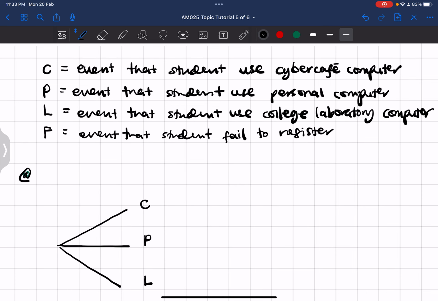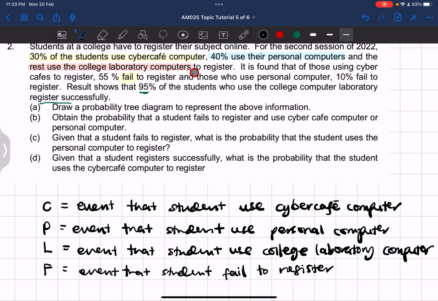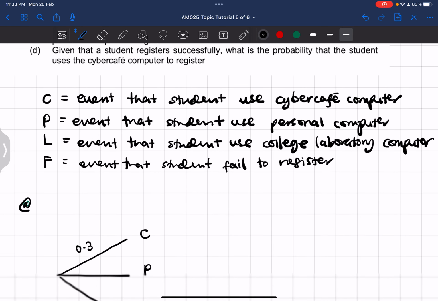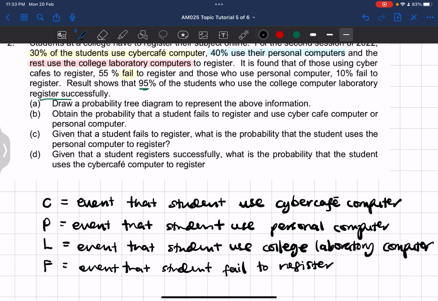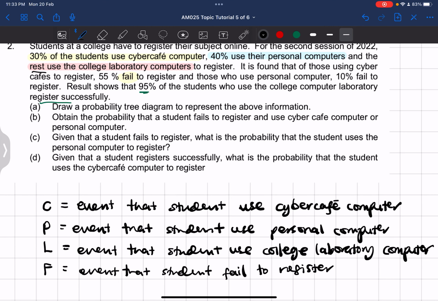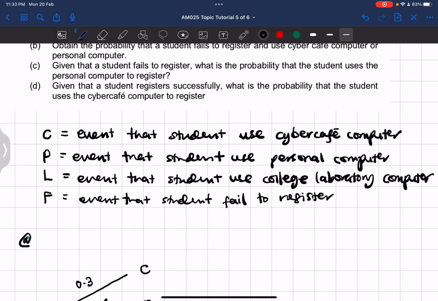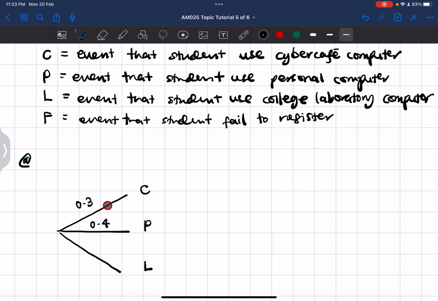So 30%, let's write down as 0.3. 40% use their personal computers, so let's denote with 0.4. And the rest use college laboratory computers. So the total of these 3 branches is 1. So to get the probability for the branch of L is 1 minus 0.3 minus 0.4, which is 0.3.